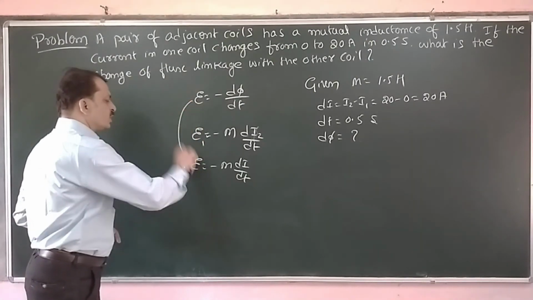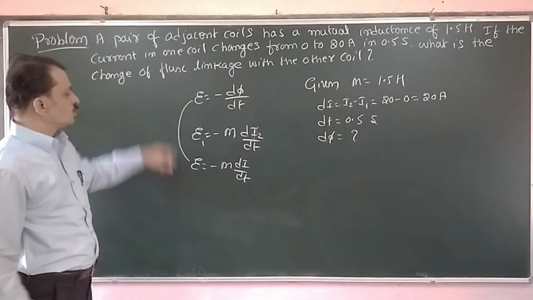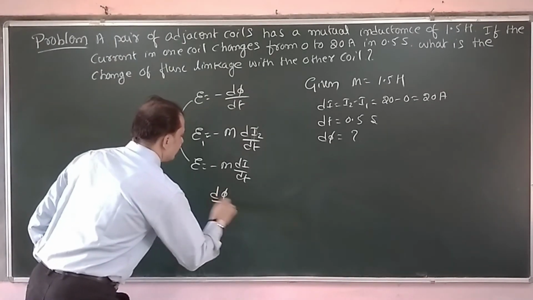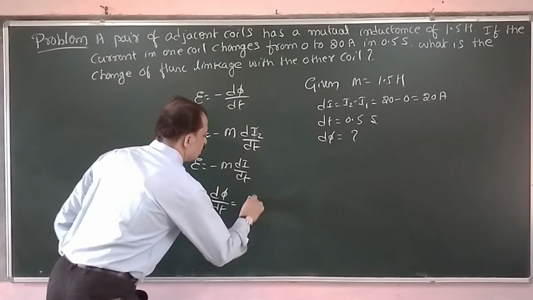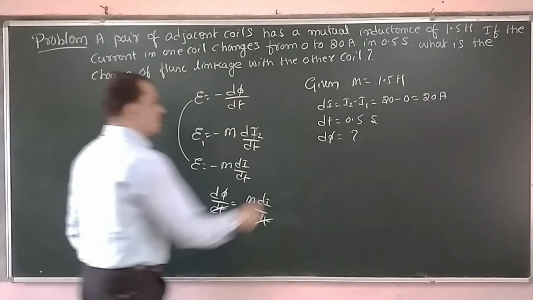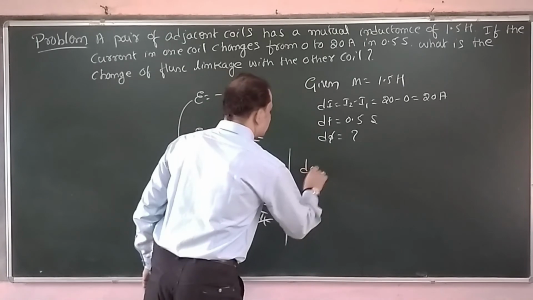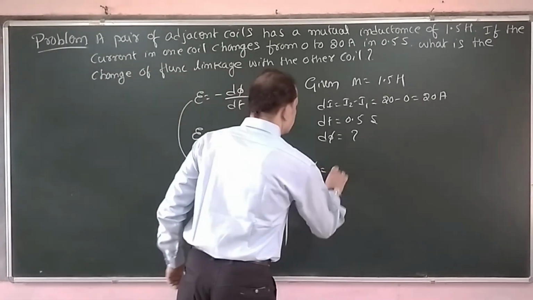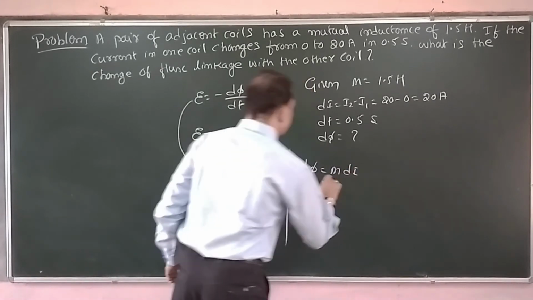Now equate these two expressions. By equating those two expressions, we are getting d phi by dt is equal to M into di by dt, or simply the change in flux linkage d phi is equal to M into di.